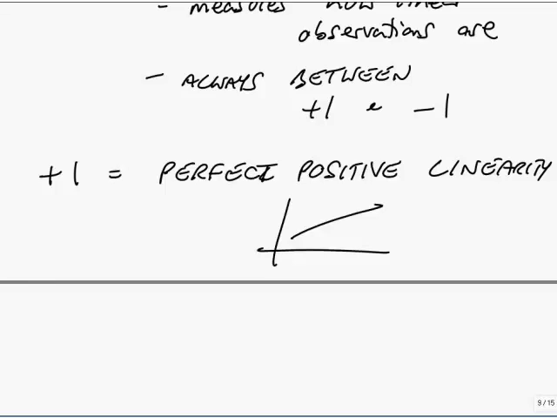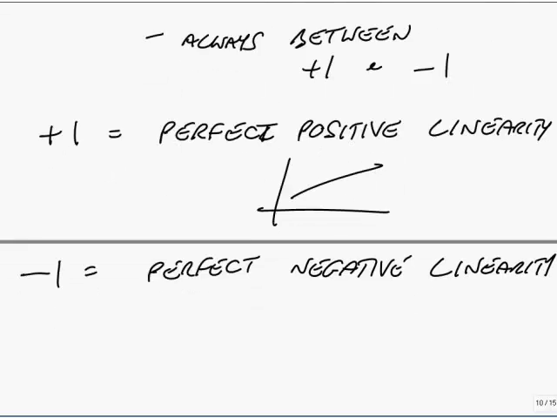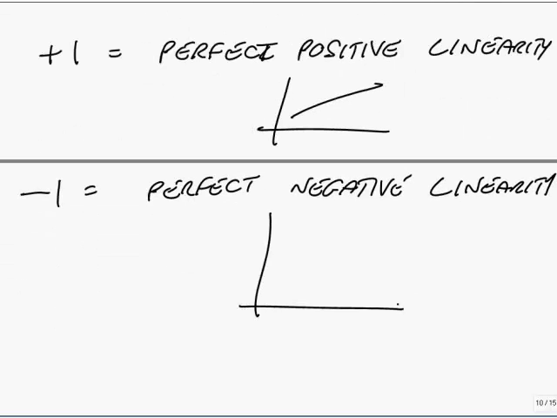If it's -1, it's perfect negative correlation, or perfect negative linearity. And that would be this sort of situation. Whereas one goes up, the other goes down, but in a straight line. Clear?